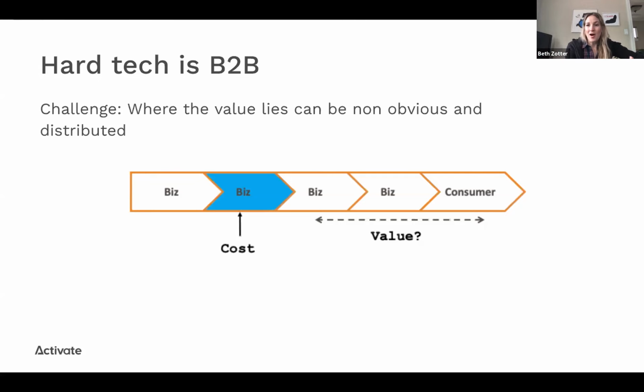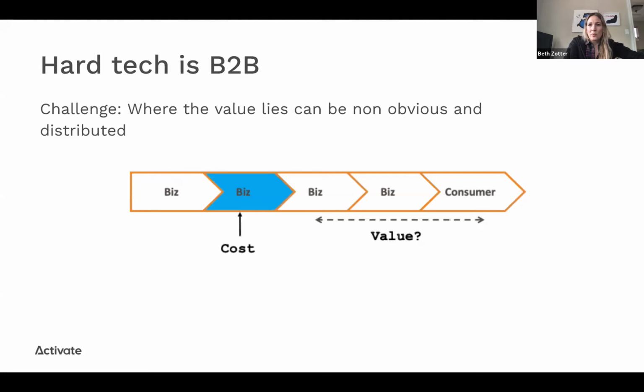But often the value of your product is determined not by your customer, but by their customers, or by the product that they're using your technology to produce. So this is a useful diagram, because what you want to do is locate the center of gravity of where the ultimate value is, and focus on that link in the value chain, because it might not be the direct customer that you're selling to.